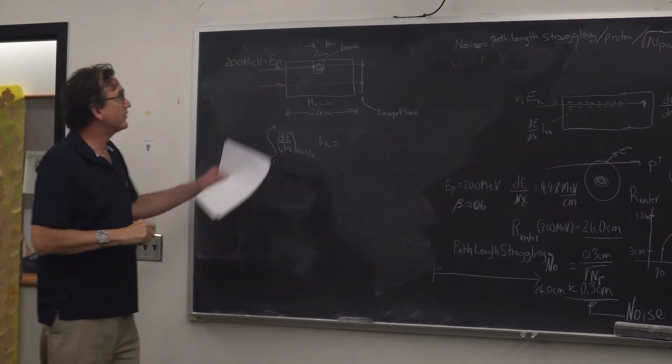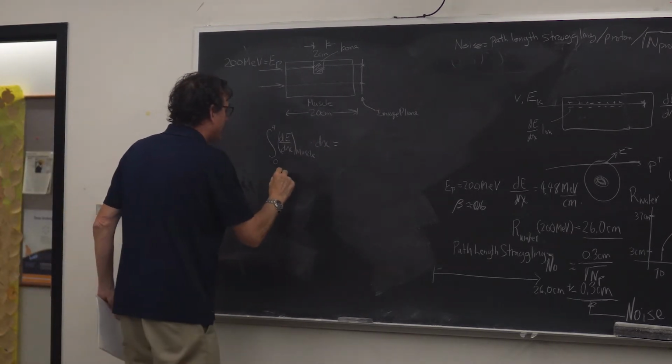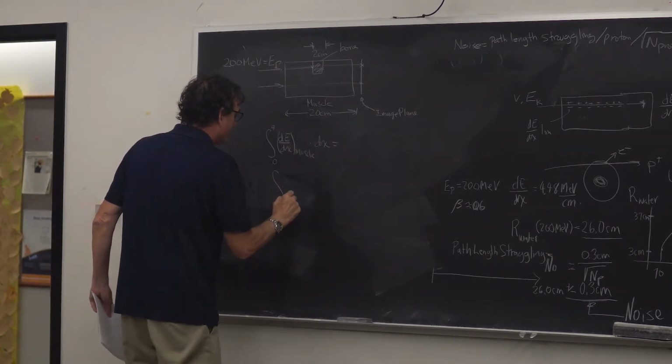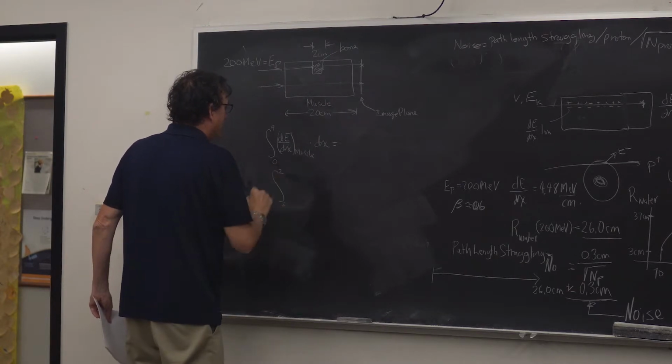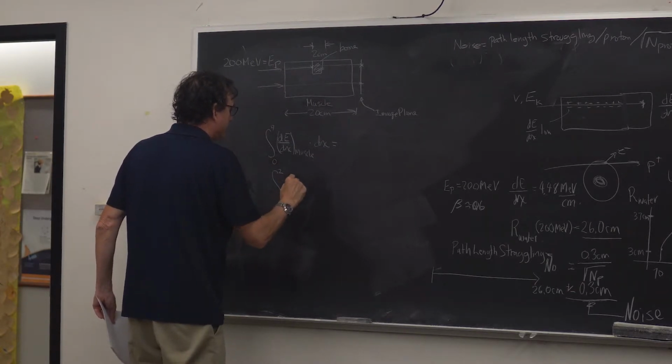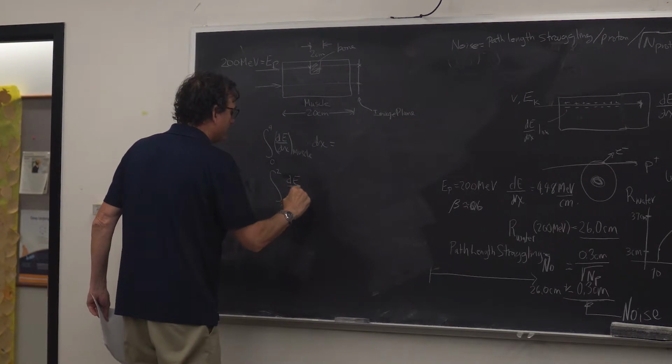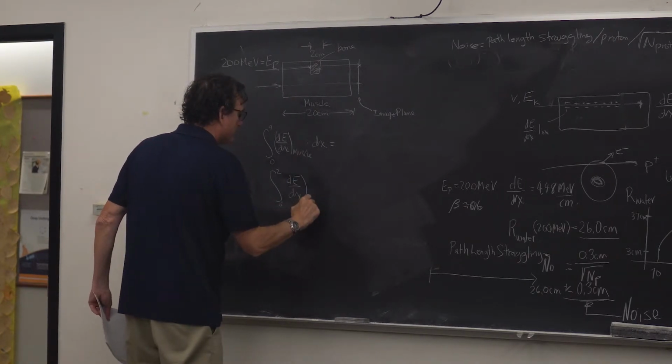Now I go through 2 centimeters of bone, and I'm going to do the same thing. I'm going to go 0 to 2, and I've got to have dE/dx of bone, and I've got to know what the energy of the protons going through there is as well, of course.